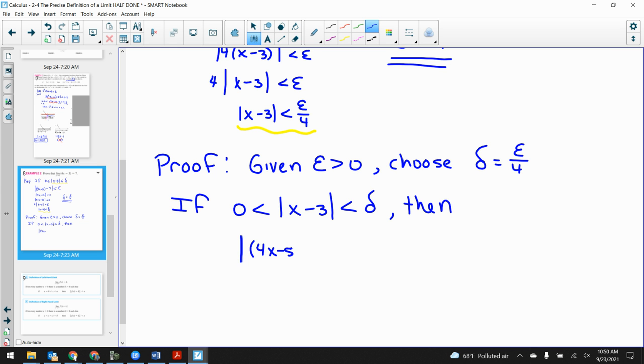4x minus 5 minus 7 is equivalent to 4x minus 12, which is equivalent to 4, I'll keep it on the inside, then I'll pull it out, x minus 3, which is equivalent to this.